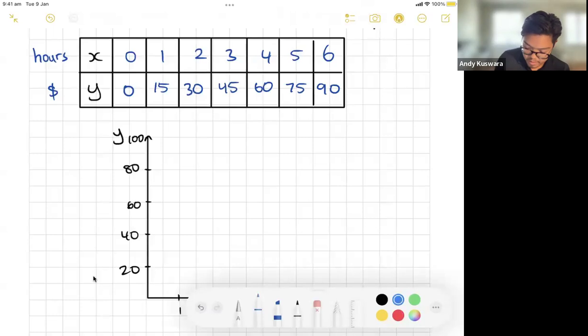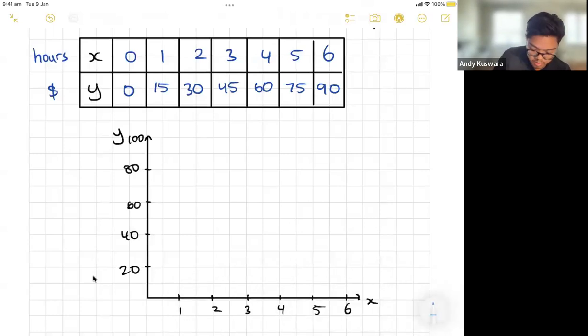And again, all you're really going to do is if it's 0, it's 0. If it's 1, it's 15. If it's 2, it's 30. If it's 3, it's 45. 4 is actually 60. 5 is 75. And then 6 is 90.